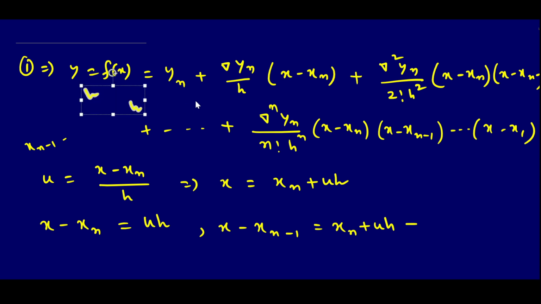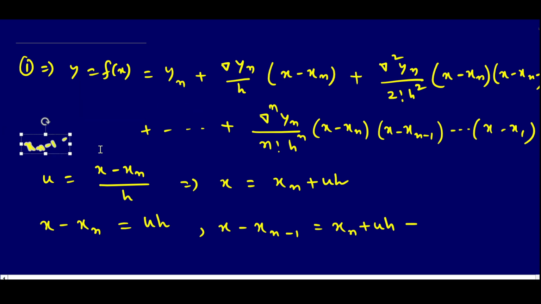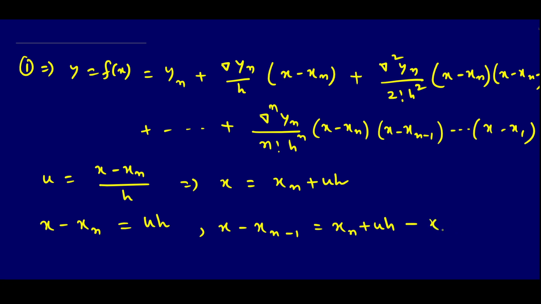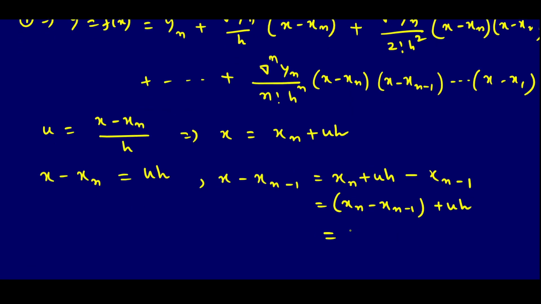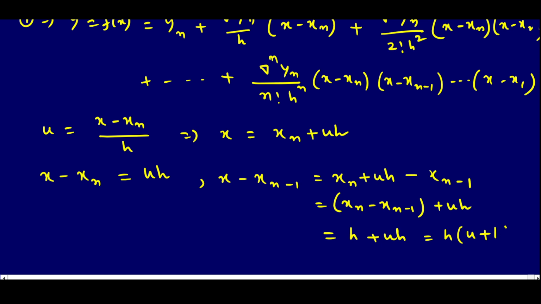Xn. So for the time being, let us keep xn and xn minus 1 as it is. So see, xn minus xn minus 1, what is it? This is nothing but difference between two consecutive arguments, which is h. So if you take h common, how much you will get? U plus 1. So you see the pattern is also like this, u plus 1.